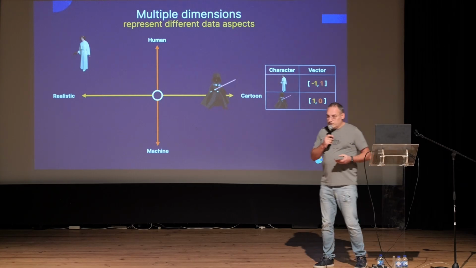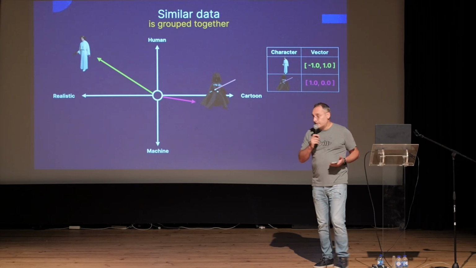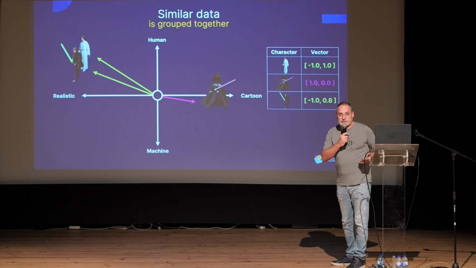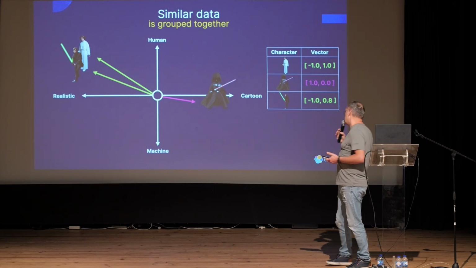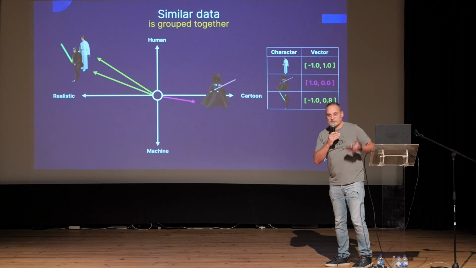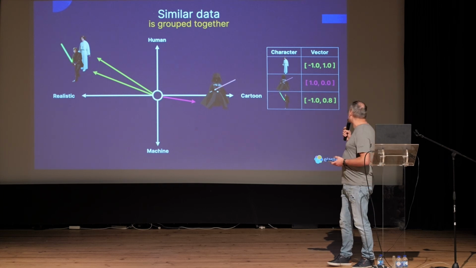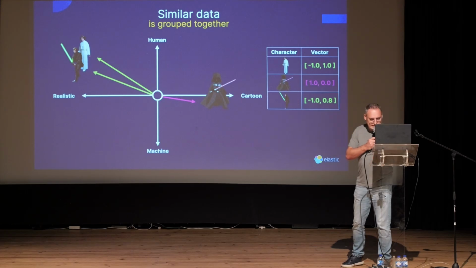And what we want to do is to gather together and group together the similar data. So let's add another one. This is Luke now. Luke is totally realistic here, but he's missing a bit of his hand, so the value on the y-axis is 0.8. And then I have Obi-Wan Kenobi. Where is he? Oh, he's not showing up.